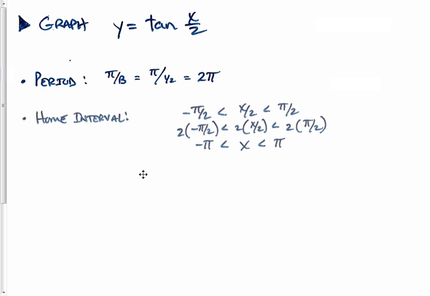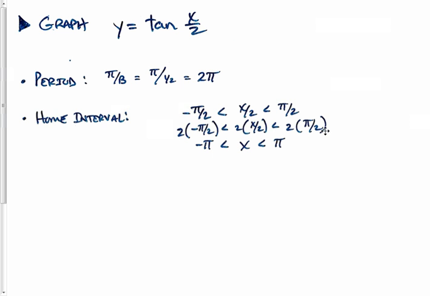Now we need to get our home interval. So we take the argument of the tangent and snuggle it between negative pi over 2 and pi over 2, which are the normal endpoints of the home interval of the tangent of just x. So now we take this inequality and solve it for x in the middle. To do that, we need to multiply through by 2.